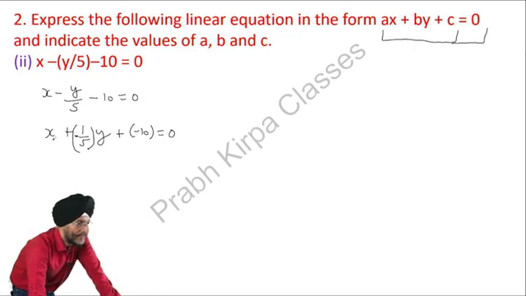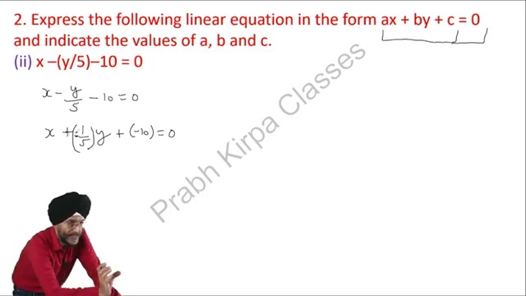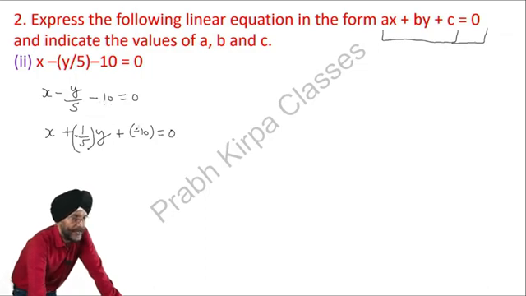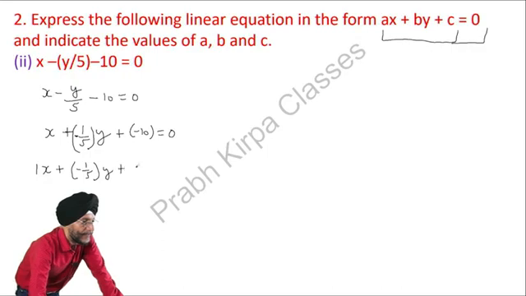You will find that here this was minus, we have put the sign of plus and the minus sign has been taken inside the bracket. Here again it was minus and we have put the minus sign inside the bracket. So here we can also write it as 1x plus minus 1 over 5 y plus minus 10 is equal to 0.